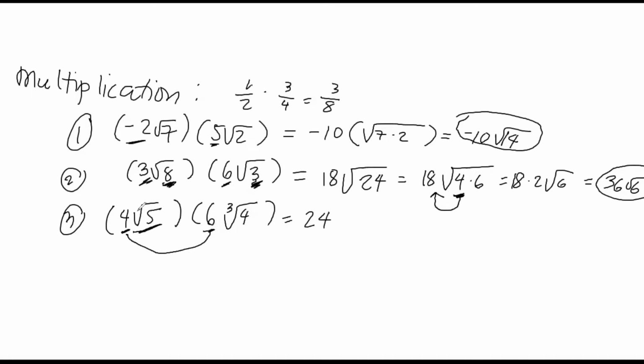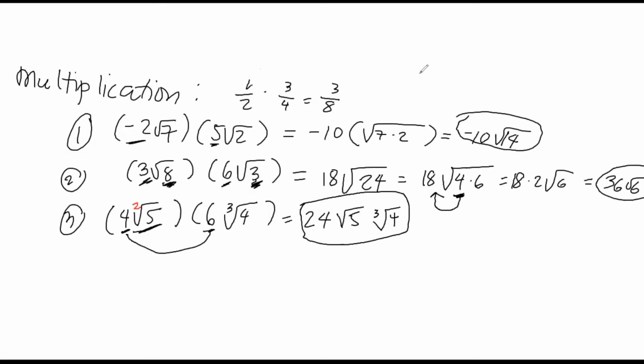Square root has an index of 2, but we are not writing it, for some reason we don't really write it. So square root of 5 and cube root of 4 cannot be multiplied to each other directly, so we just copy them. 24 root of 5 cube root of 4, and this would be our final answer.